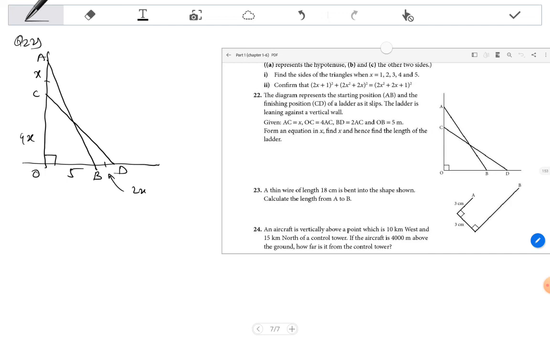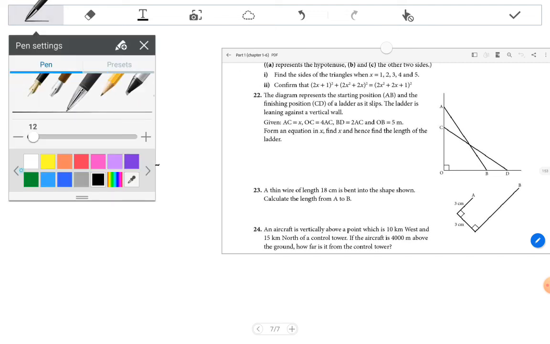Find the length of the ladder. So we have to find either AB length, or we have to find CD length. Both are the same. Why are they the same?